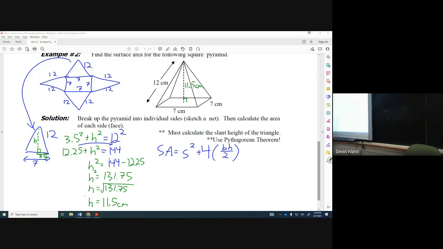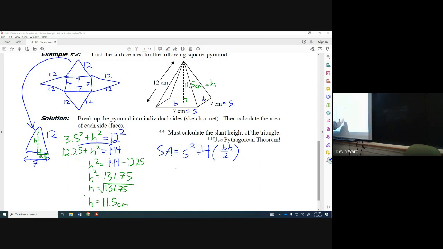So now, I have my side length, which is also the base. Okay? So it works out to be both, okay? Side, but it's also the base of my triangle. Okay? And 11.5 is my height.